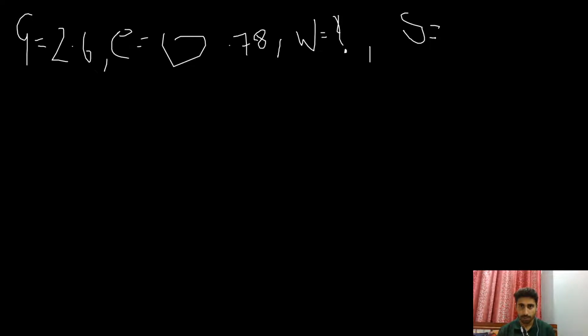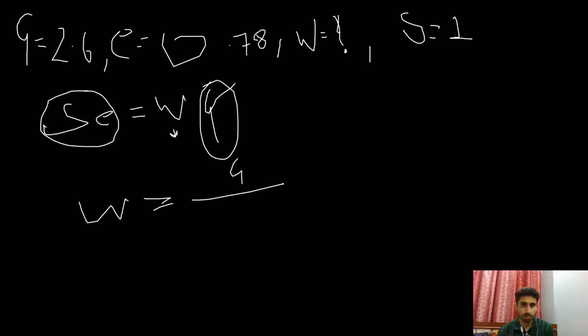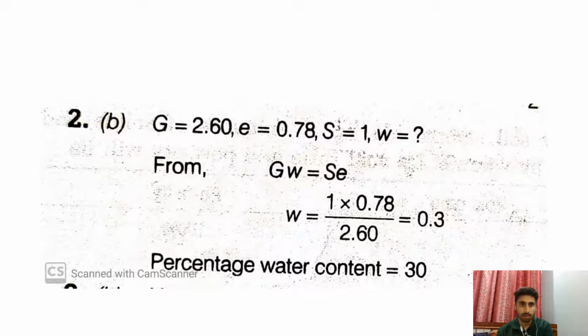The value of S will be 1. This becomes so easy. Then you will definitely use the formula S e is equal to W G. The term asked is this, and these are all known equations. W is equal to S e upon G. Place all the values here and you will get the answer.